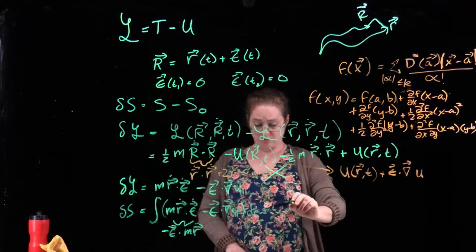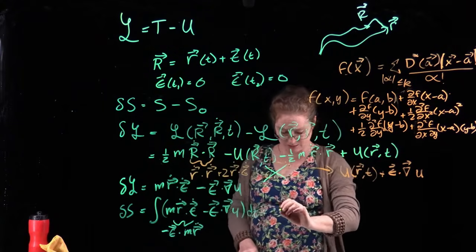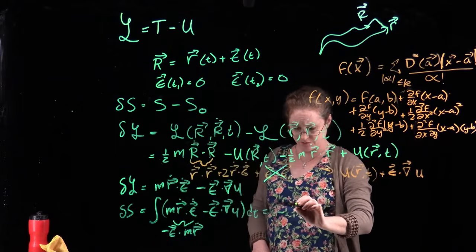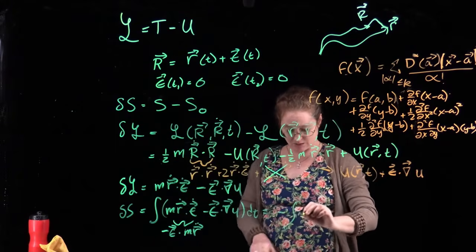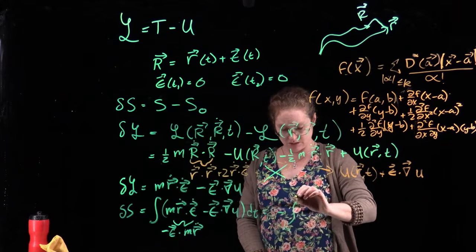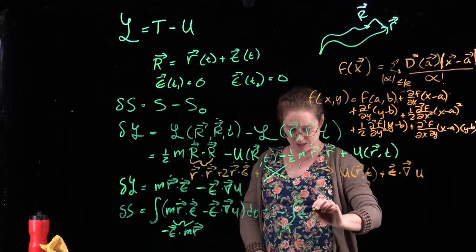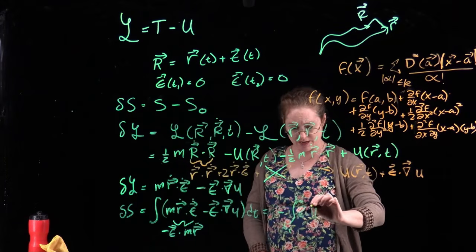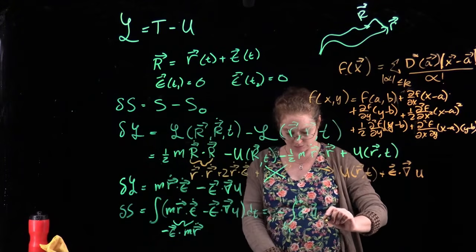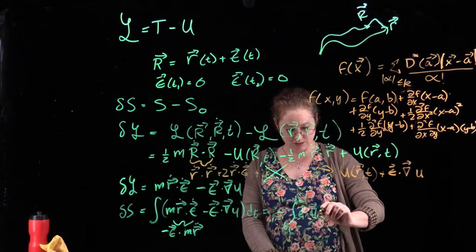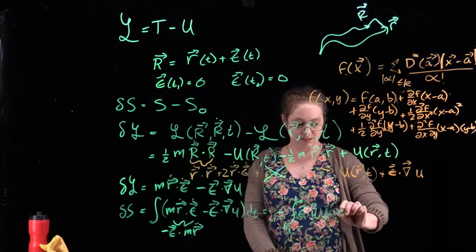And we get that delta S is negative the integral from T1 to T2 of epsilon dot grad u dt.